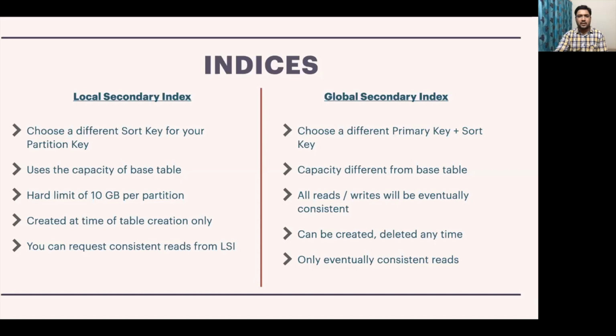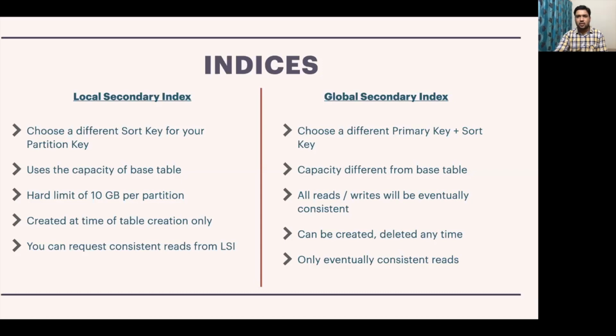The local secondary index uses the capacity of the base table. So whenever you are provisioning a DynamoDB table, you need to specify how many read units and how many write units you are going to use. Of course, this has been overcome recently by something called on-demand mode.